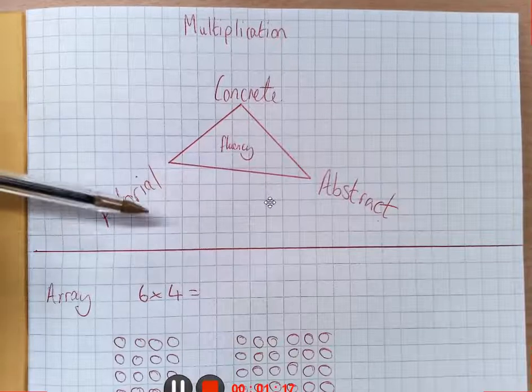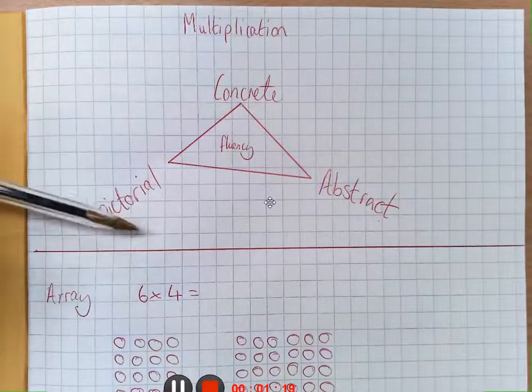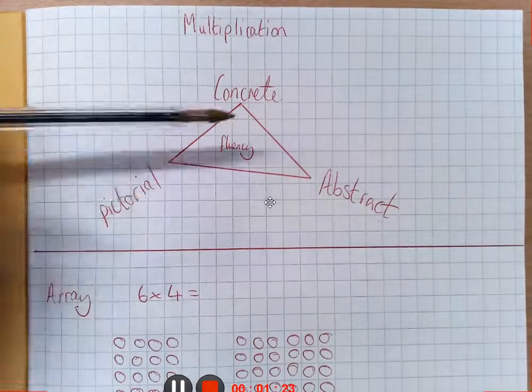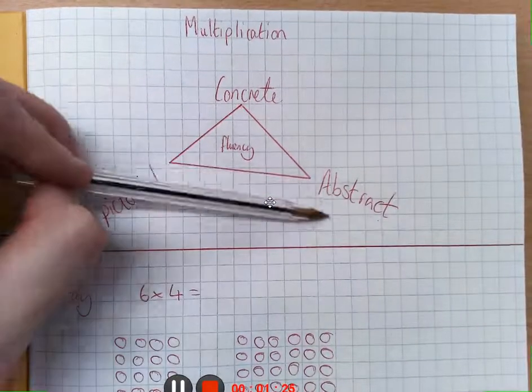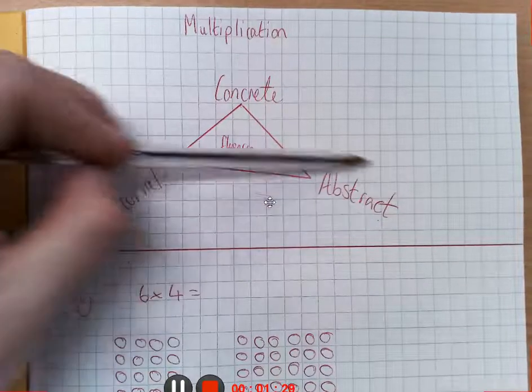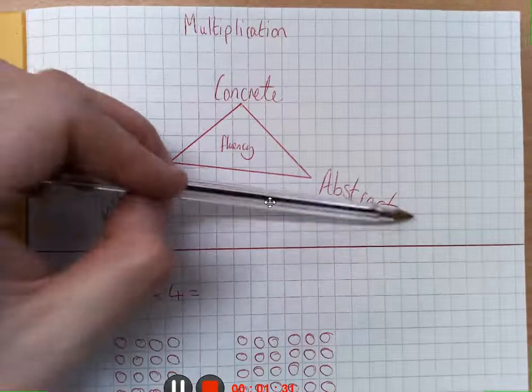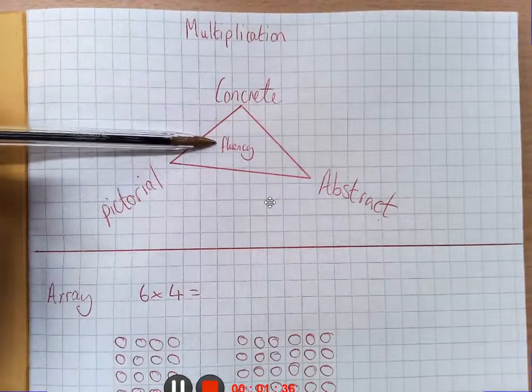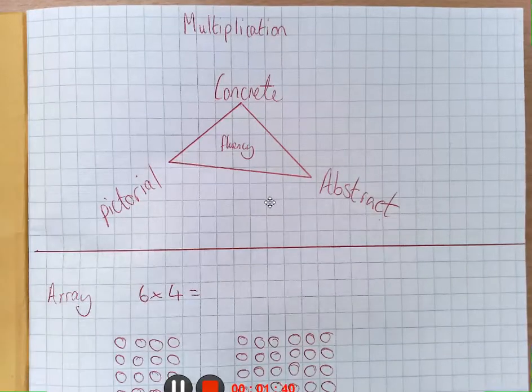So they might use pictures of those resources or pictures of different things. And then with an experience of both of those, a child will have the capabilities of understanding the concept in a very abstract sense, so just using the numbers. And with the use of all three, we can promote good fluency of methods. So we will see that as we go through the different methods.